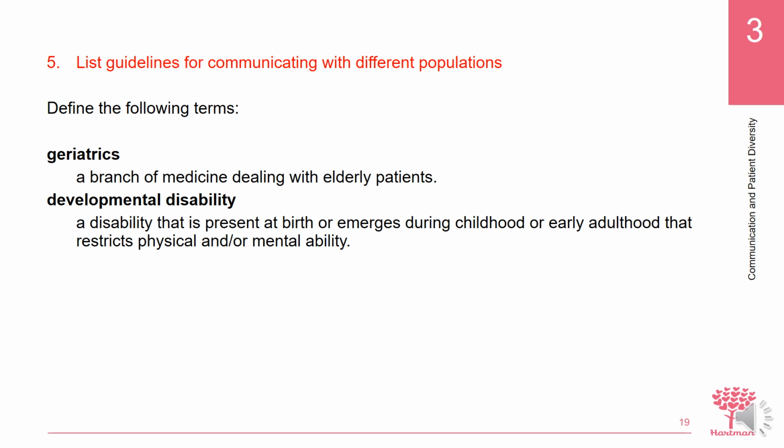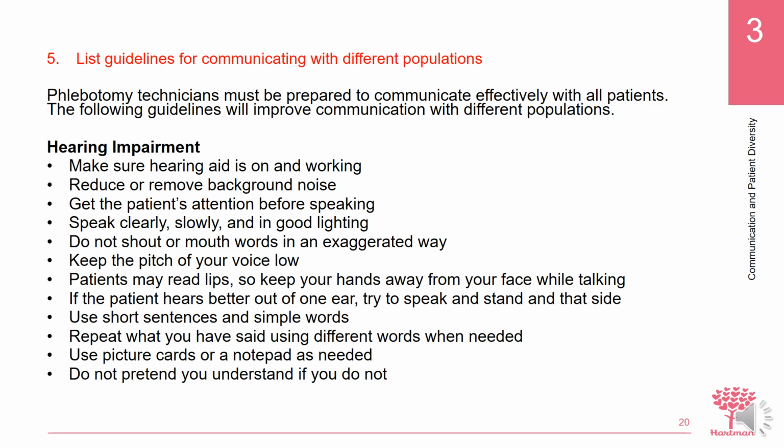The term geriatrics is a branch of medicine dealing with elderly patients, and as the country's population is growing older and the older population is growing larger, there is an expanding need for healthcare services in geriatrics. And a developmental disability is a disability that is present at birth or emerges during childhood or early adulthood that restricts physical and/or mental ability.